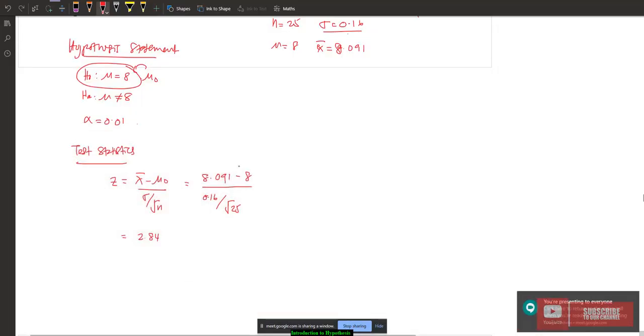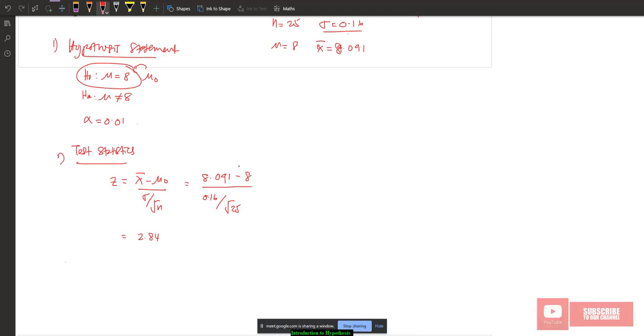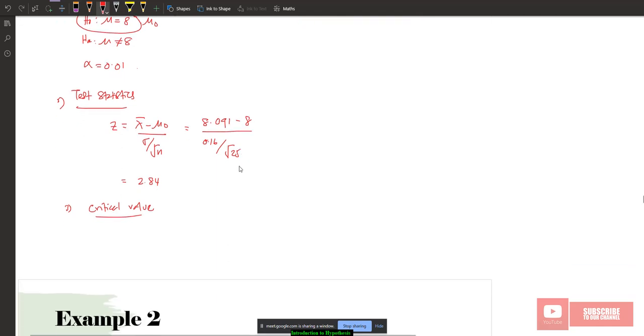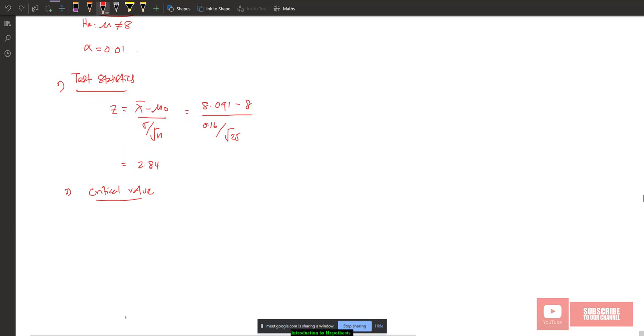Okay, so the next step is step number 3. We need to determine the critical value. We know that this one has a two-sided distribution, so always draw the shape of a normal distribution.